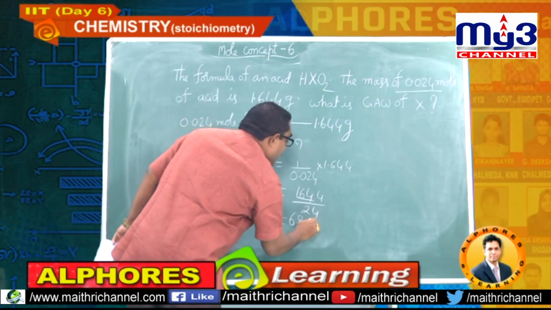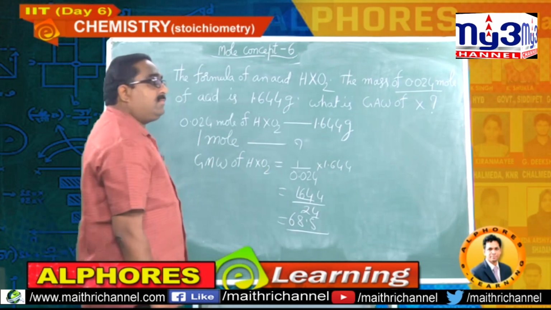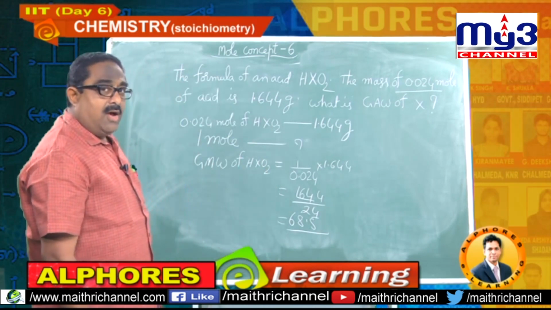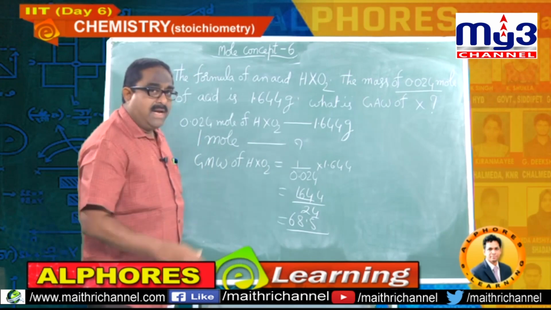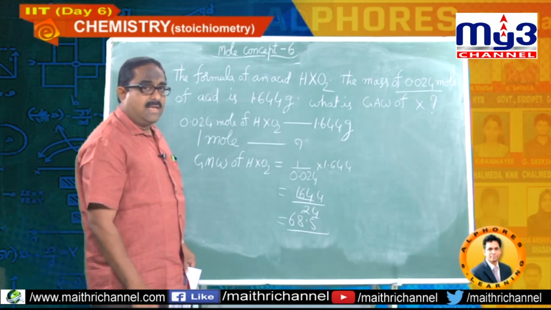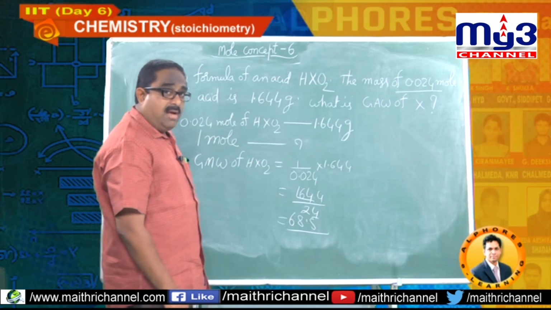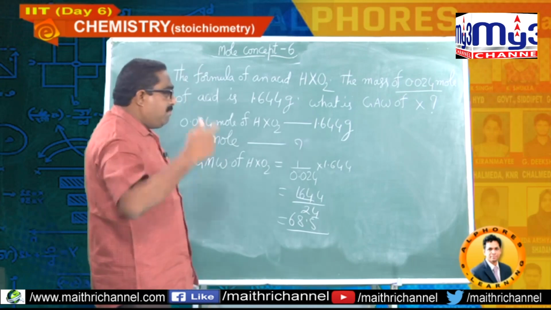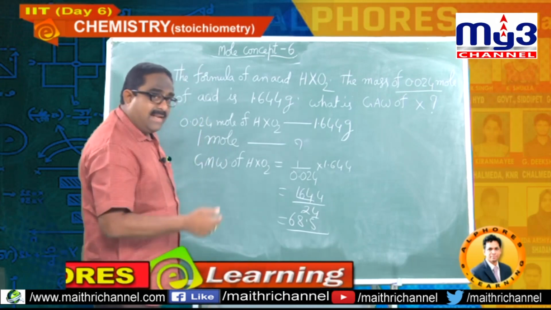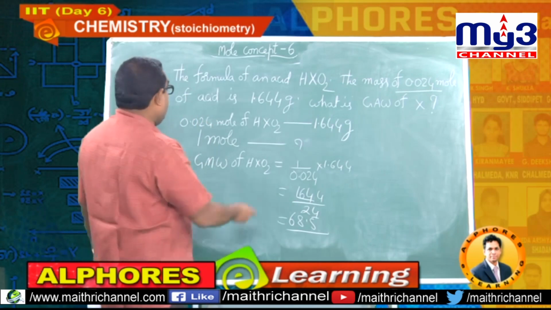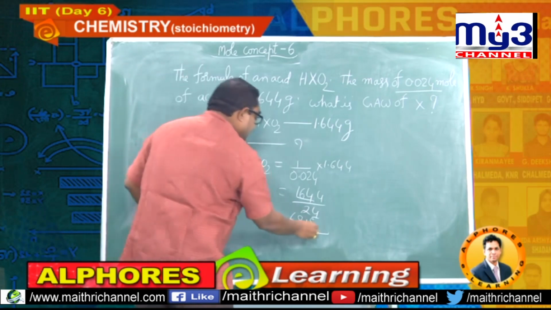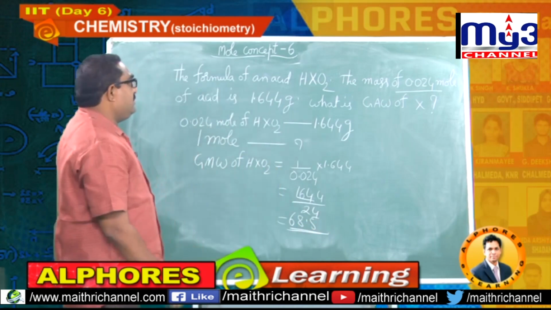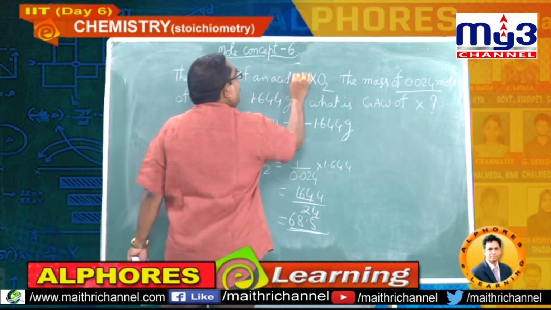That is 68.5. This is the way to do the calculations. One should have that brain caliber to crack the national level competitive examinations. You please make your brain like that. Right. Now I got the molar mass as 68.5.